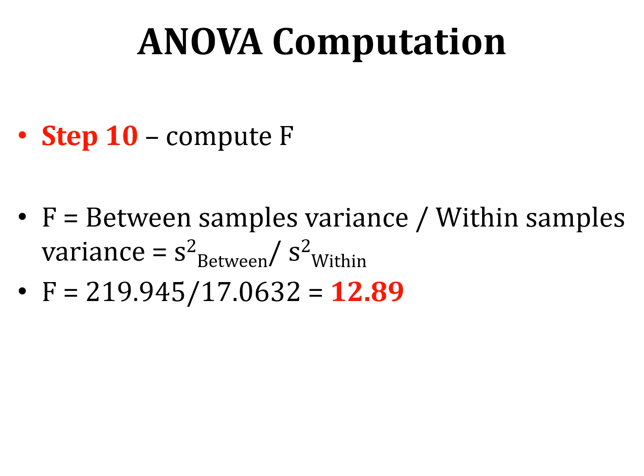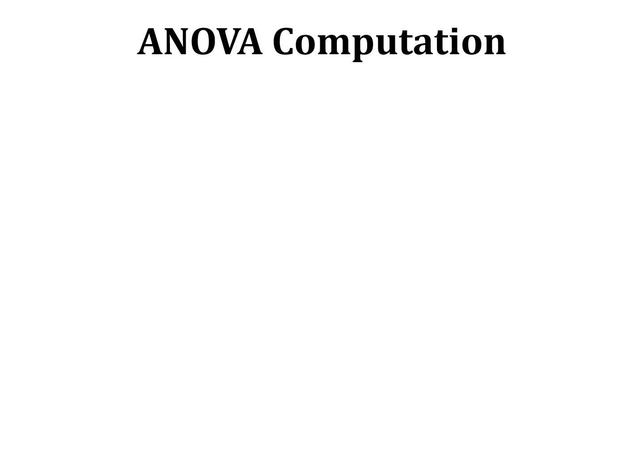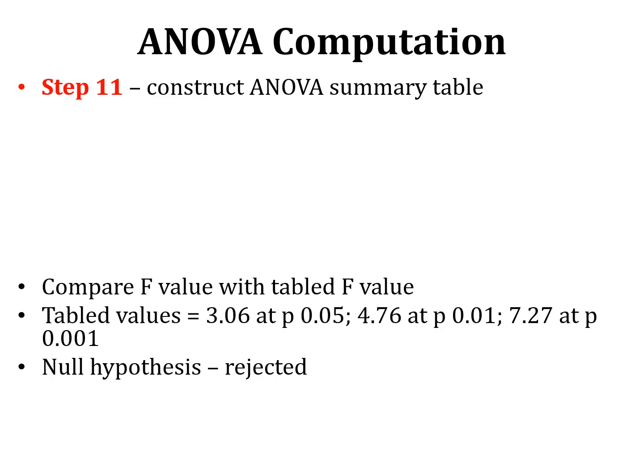But in this case, what we see is that the ratio is greater than 1. This ratio is 12.89. Now, how can we confirm that this ratio is significantly greater than 1 or not? For that purpose, we have to compare the calculated F value with the tabled F value, right?